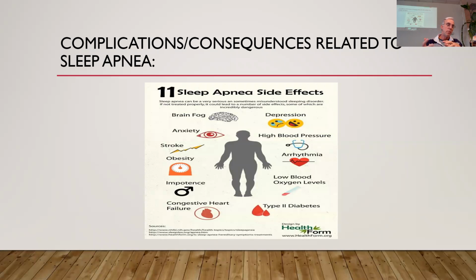Trouble with impotence. Obesity is a problem that lends itself, and I'd say there's probably a two-way street there because of the propensity to eat more because of your undiagnosed apnea or poor sleeping, making weight a worse problem for you.